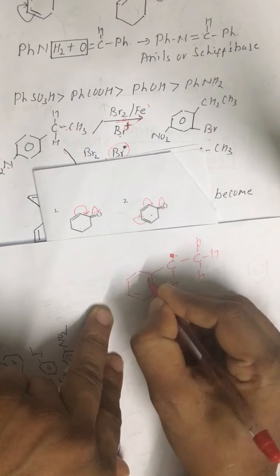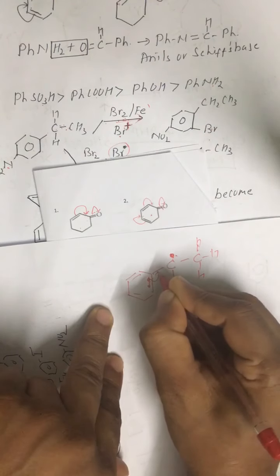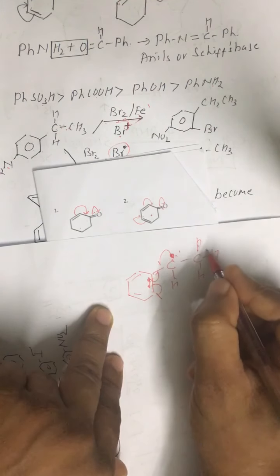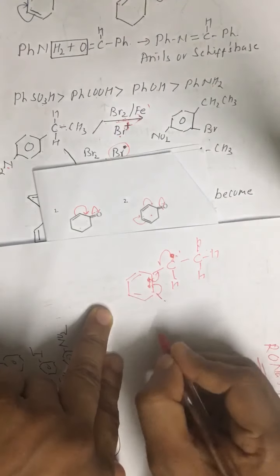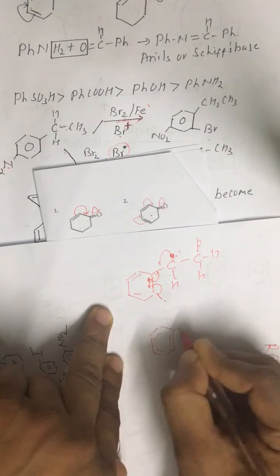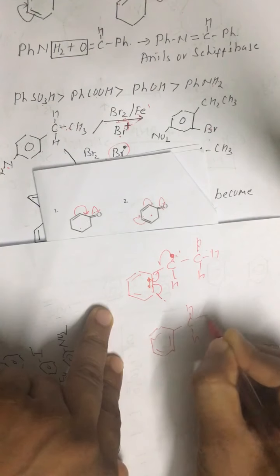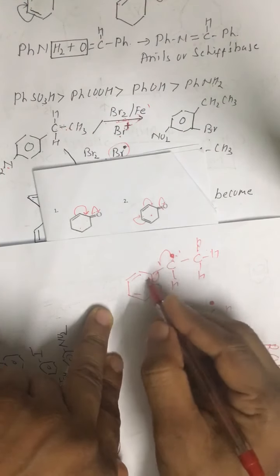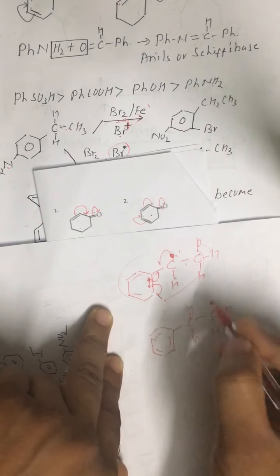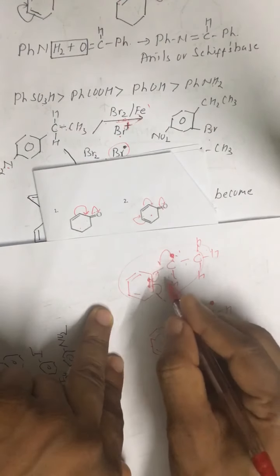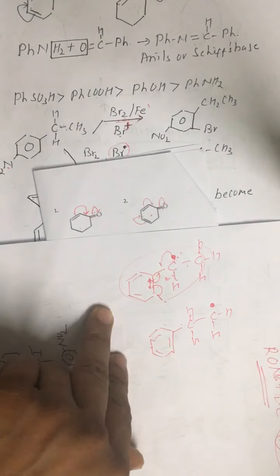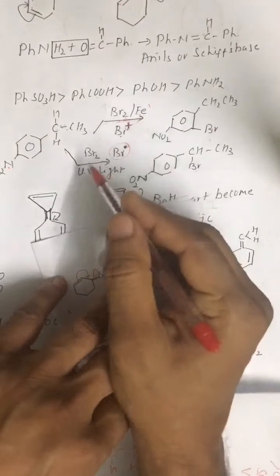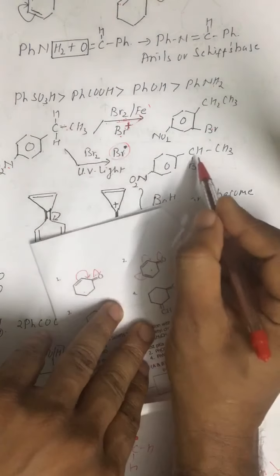So see, this is highly stabilized. If you look at this structure, CH2 and CH2 like this, here we have a conjugated system, that is why it is highly stable. So out of these two, obviously this is more stable. Secondary free radical is more stable. So the correct answer is that Br free radical will go to this carbon atom.